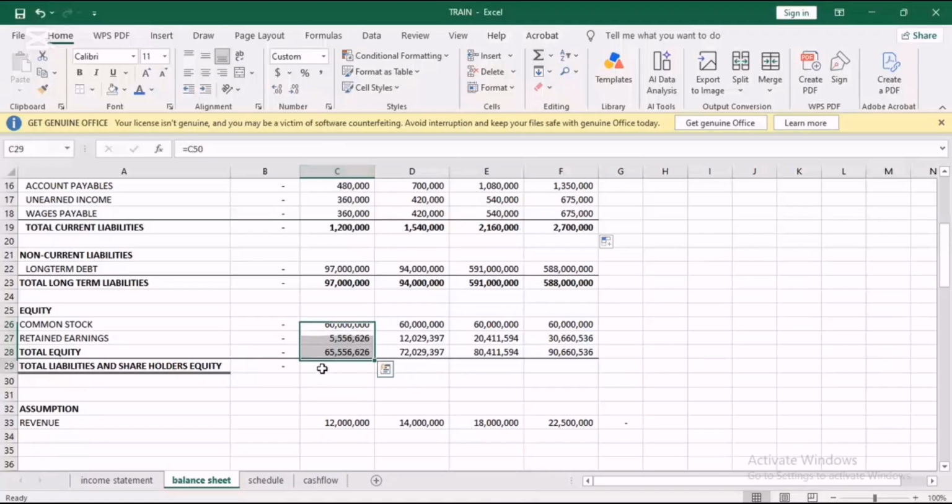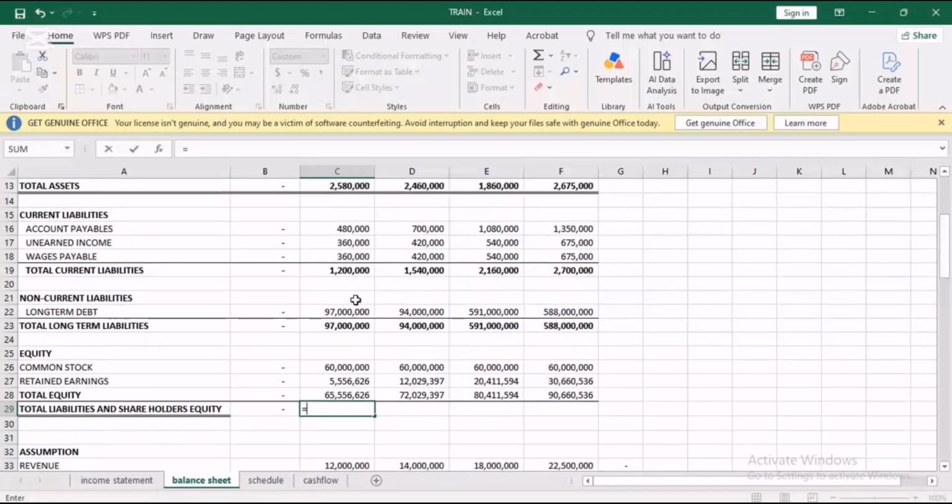Right, that is done. So for the total liabilities and shareholders' equity, we are adding up everything right away. We hit equal to, then our current liability, starting from there, current liability plus, let's take away the pop-up, then plus the total long-term liability plus, take away the pop-up, the total equity right up here.